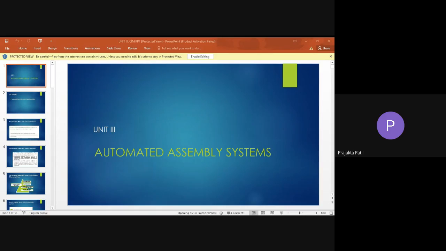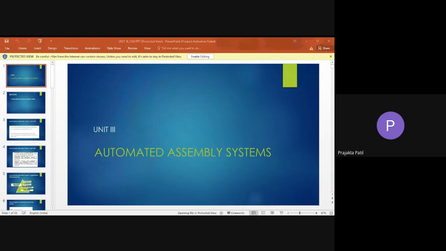Okay, so now moving on to the contents. We are going to study the fundamentals of automated assembly systems. The automated assembly systems here, what we are going to discuss is relatively very simple. We have discussed what is a manual assembly line. Now we are seeing what is an automated assembly line. Of course, the topic names themselves make it very clear as to what we are going to study, or basically you can get an overview of this.